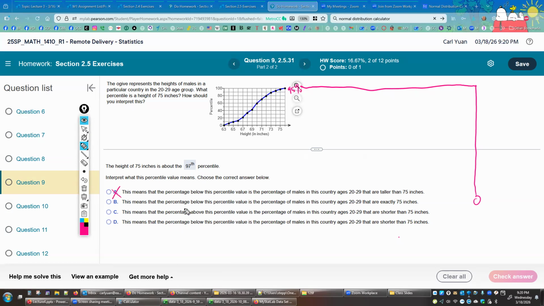That means the percentage below is the percentage of males that exactly, that's wrong either. C is this means that the percentage above this would be males shorter. That's wrong. I think it's going to be D. Below this percentile are shorter than 75. I would say D.